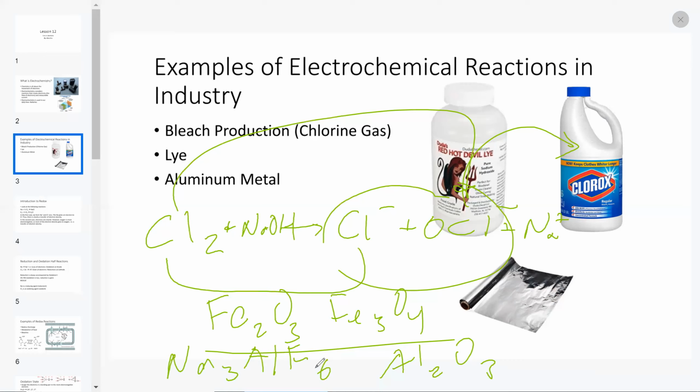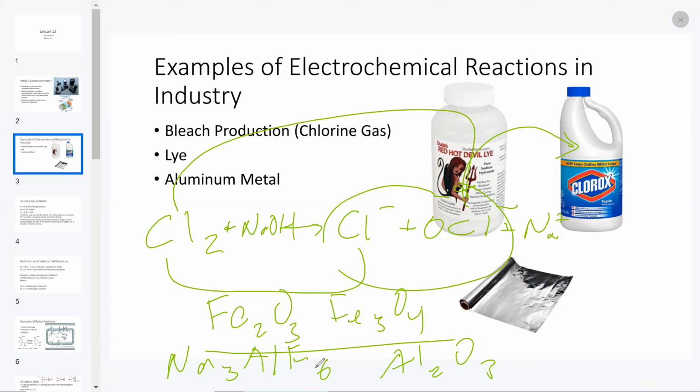I believe they also use calcium oxide added to that. So you have this mixture, and it's molten, and they pass huge amounts of current through the mixture, which generates the aluminum metal, and the aluminum metal is molten, so it can be drained off.